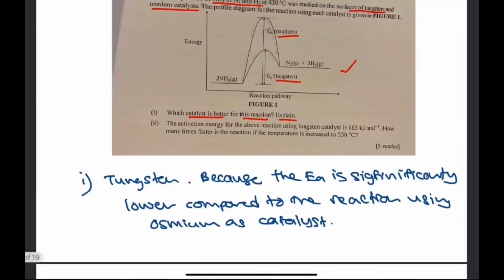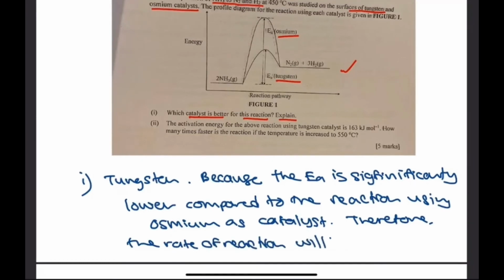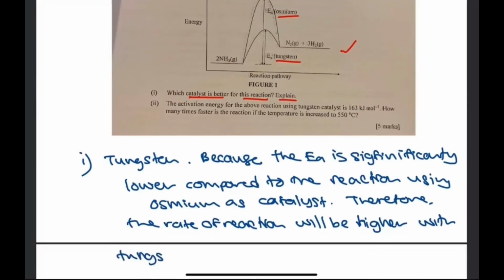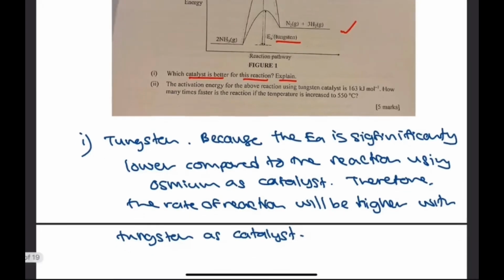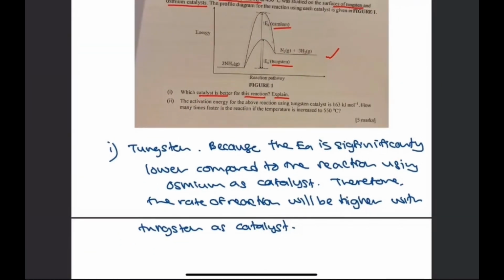Therefore, the rate of reaction will be higher with tungsten as catalyst. Can you see that? This is how I would have answered if I was a student. You have to give a complete answer. Are we good? Can everyone see?